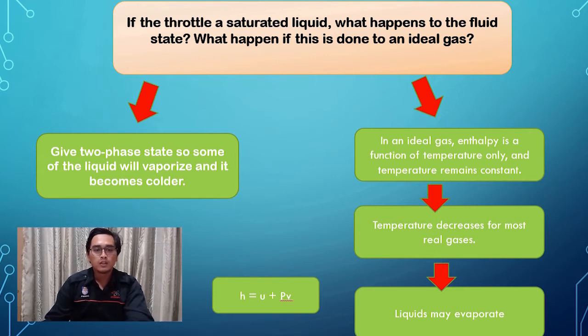So what happens if this is done to an ideal gas? If this is done to an ideal gas, we can observe that P in is greater than P out and V in is less than V out, where P is pressure and V is velocity. The observation confirmed the theory that H in equals H out, regarding H equals U plus PV, where V is specific volume.